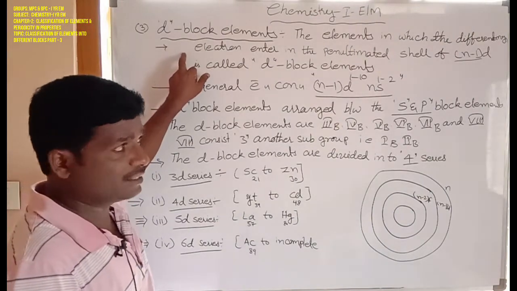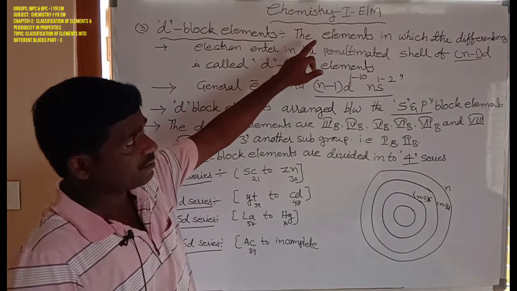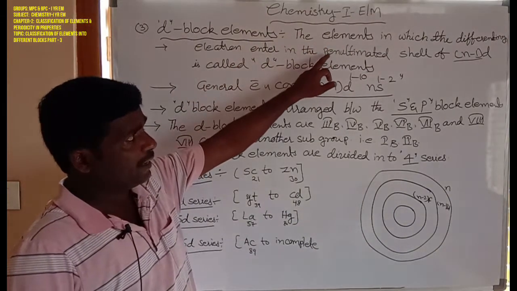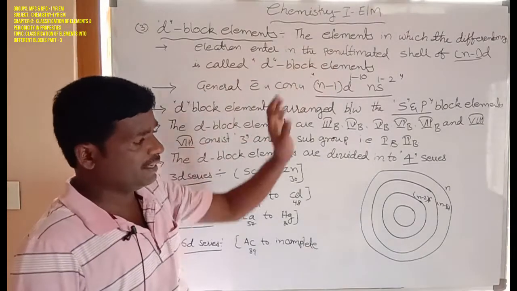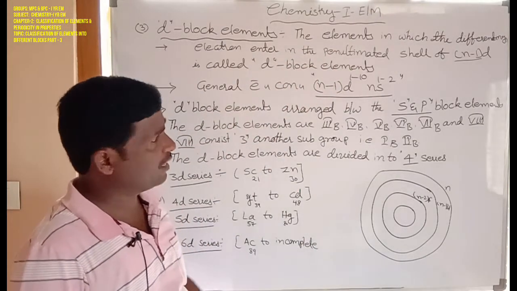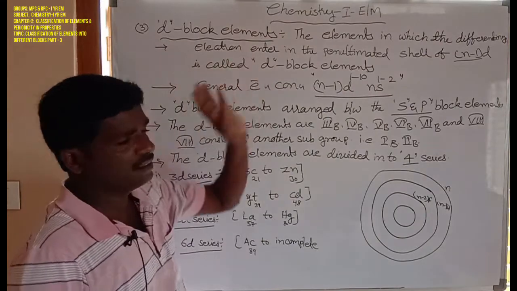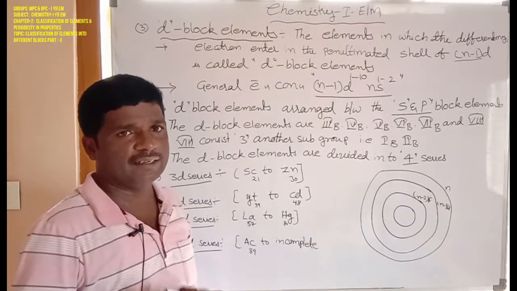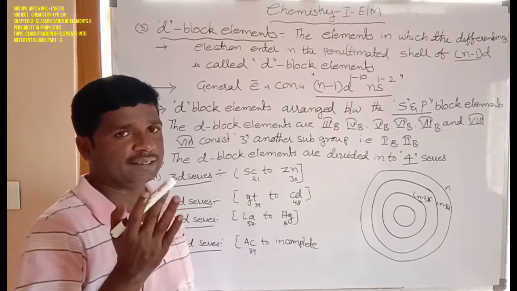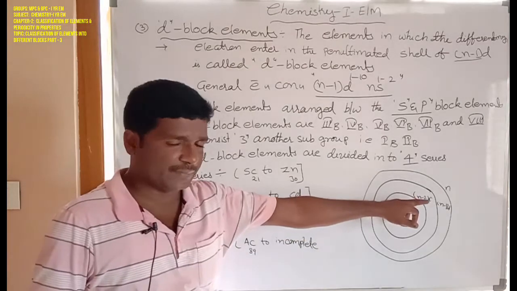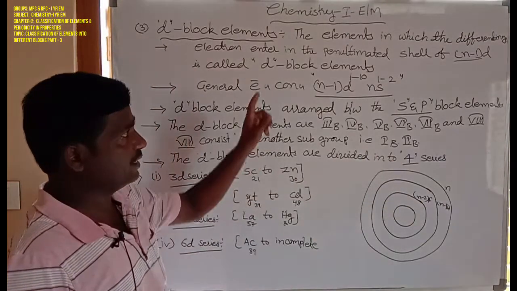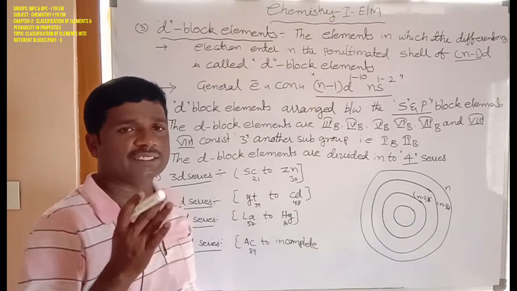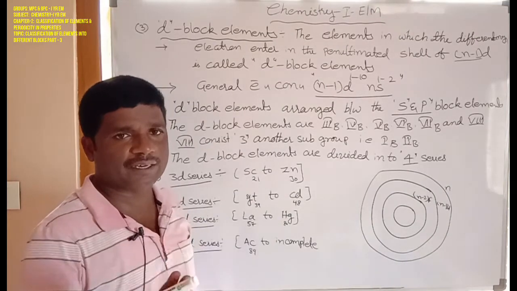What are the d block elements? The elements in which the differentiating electron enters into the penultimate shell, (n-1)d, are called d block elements, or the differentiating electron enters into the d orbital.